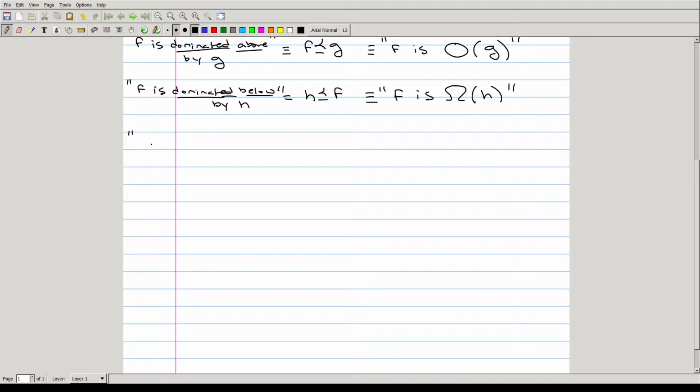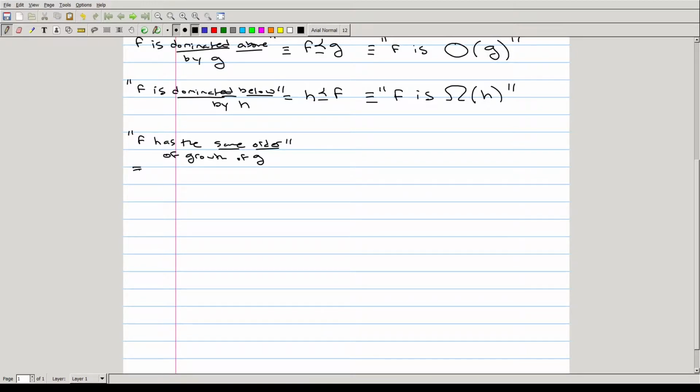And the next concept that we will define later on in the lecture is f has the same order of growth of g.